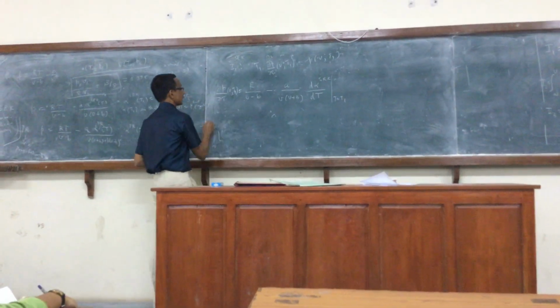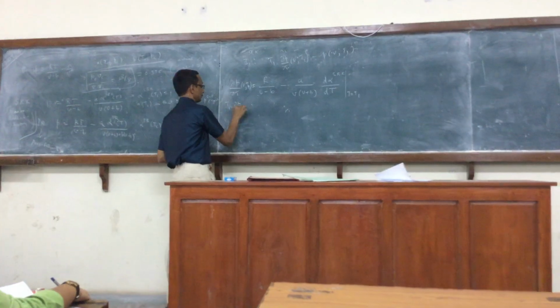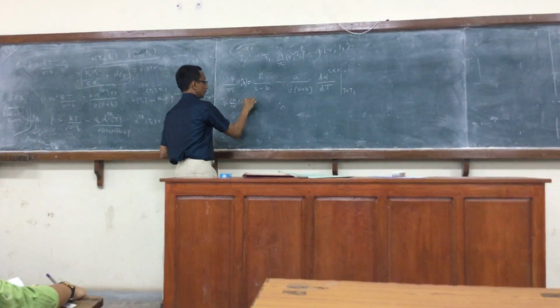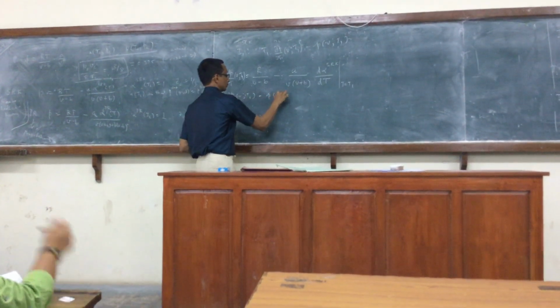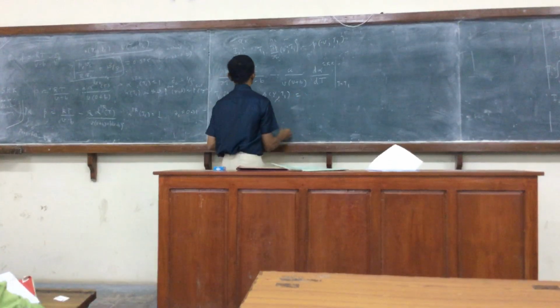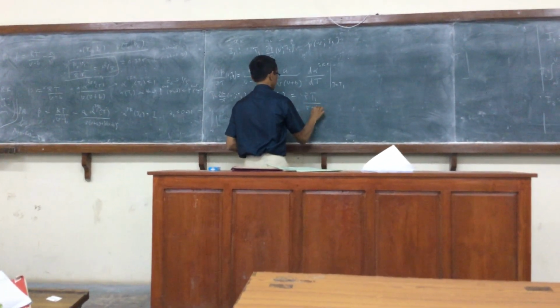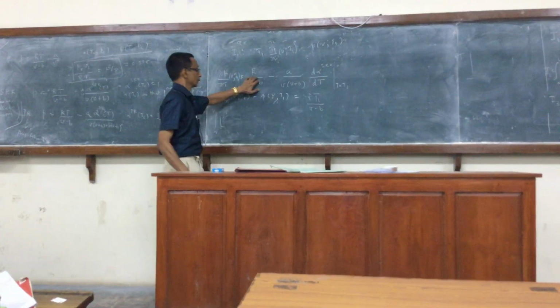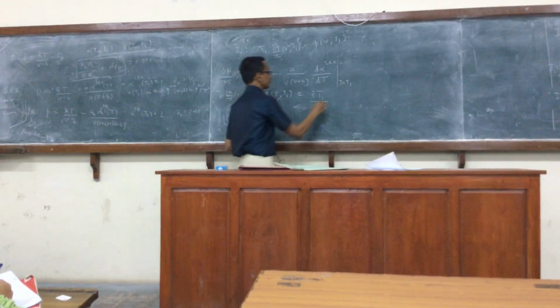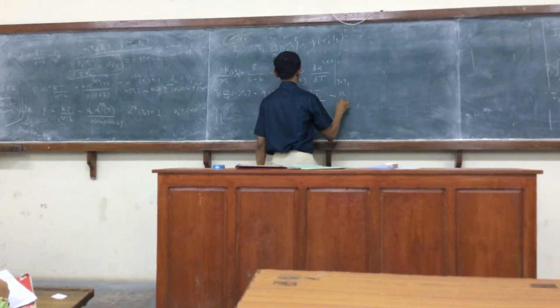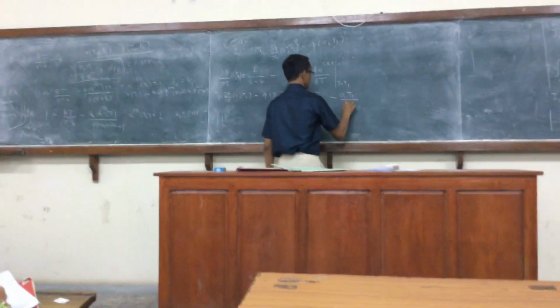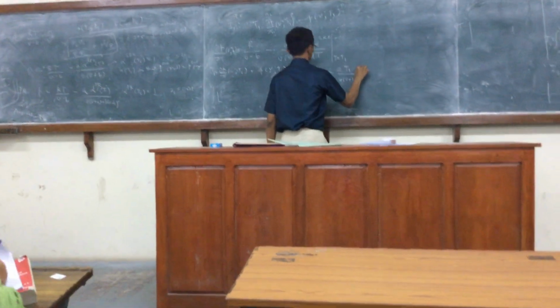So now let's calculate T1 dp by dt minus P. This is equal to R T1 by V minus b, times this, minus a T1 over V into V plus b times d alpha by dT.